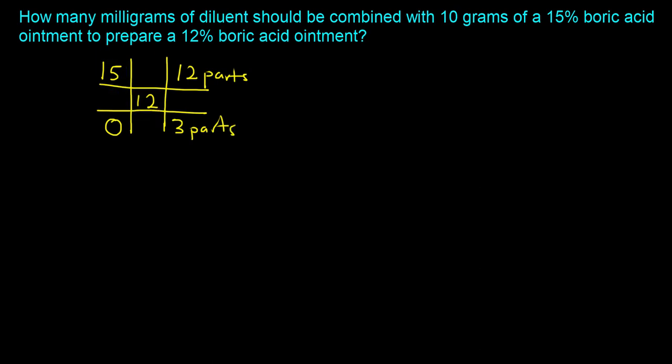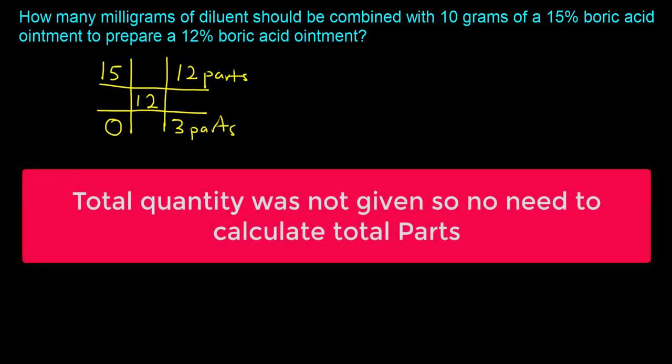We take a look at the question again and we see that we have 10 grams of the 15% boric acid ointment. In this question, we were not given the total quantity we are making, and so we do not need to calculate the total parts here.